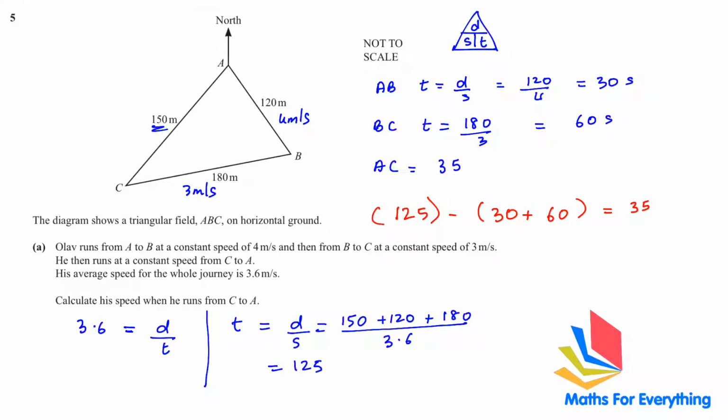We have the distance, and we have the time. To find the speed, distance over time taken, distance is 150, time is 35 seconds. Therefore, 150 divided by 35 is 4.285. We can round it to 1 decimal place, which is 4.3 meters per second.